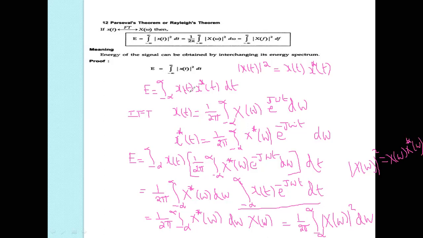Follow my students. This is the first equation. Energy, we take integral minus infinite to infinite squared magnitude of x of t dt is equal to 1 by 2 pi integral minus infinite to infinite squared magnitude of x of omega d omega.